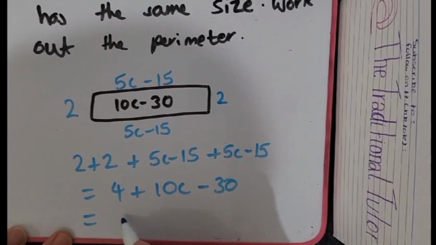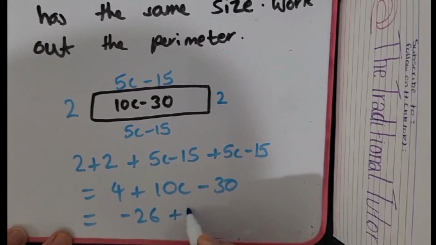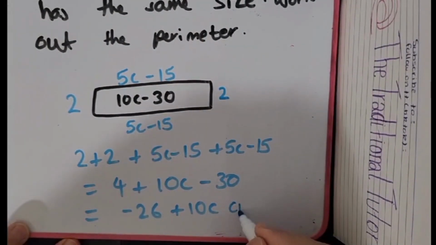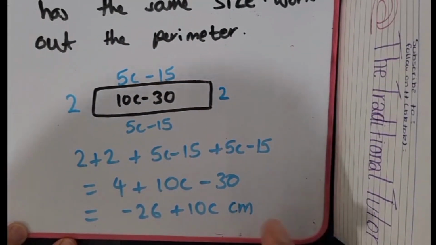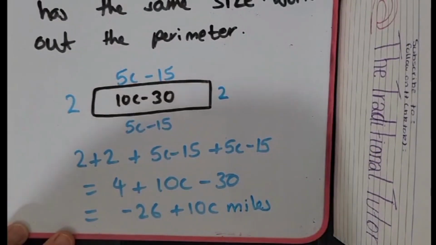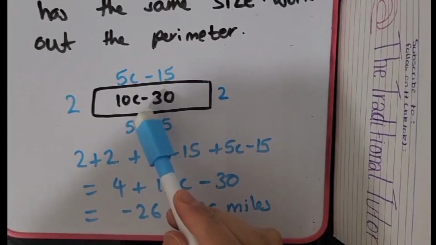And then 4 minus 30 is negative 26, and I've still got my plus 10c. Okay, so that could be the perimeter, and remembering to have your units as well. So it was in miles, so I'm just going to put miles here. Now that's one way in which we can work out the perimeter and the side lengths.